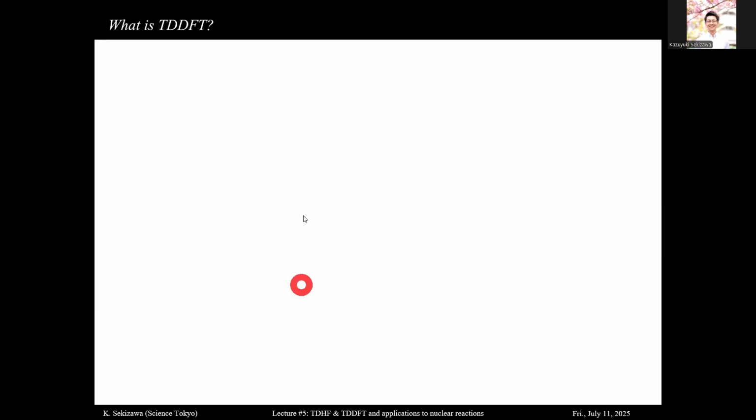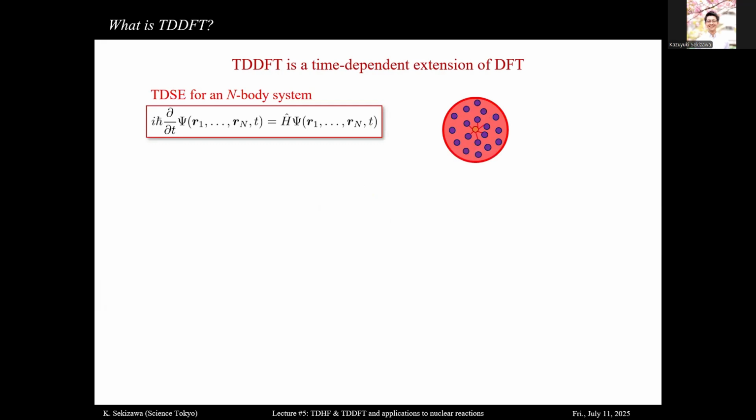So we will use a bit different technique to show the one-to-one correspondence. But first, I will explain the image, the concept of TDDFT. But the situation is very similar. What we'd like to solve is an n-body or many-body system. Okay, so this is the time-dependent Schrödinger equation for a many-body system.